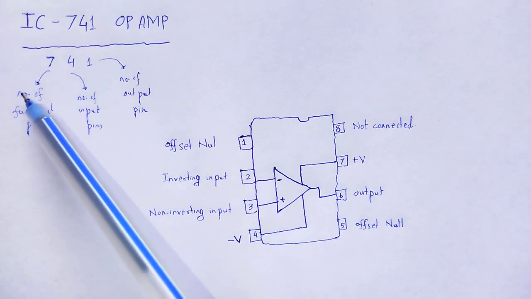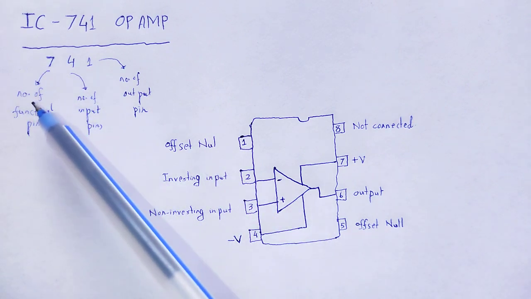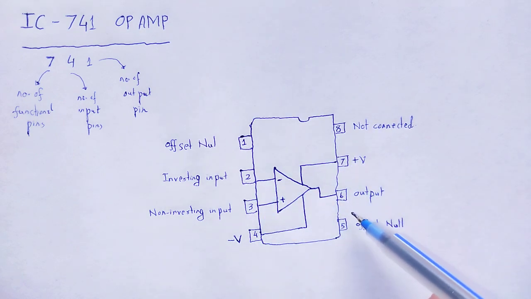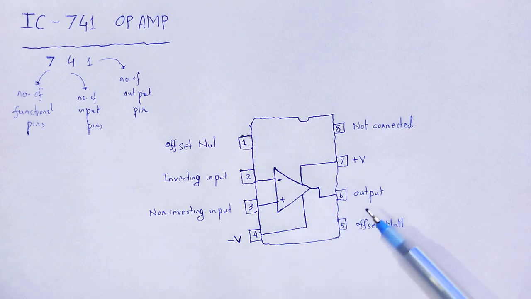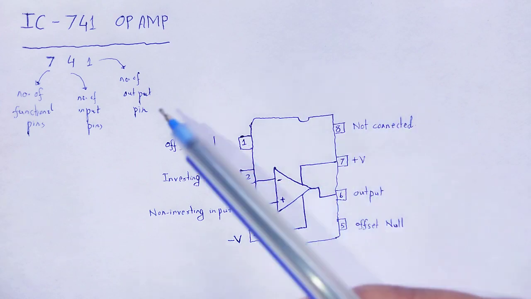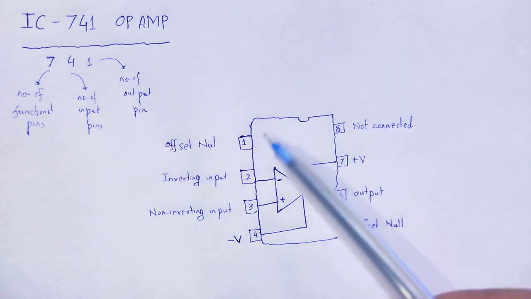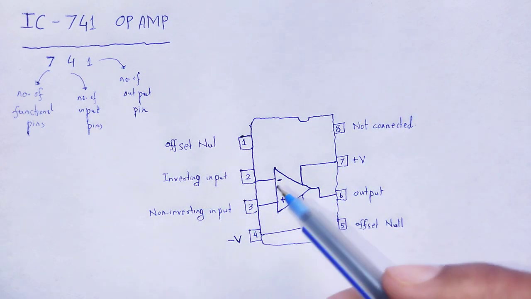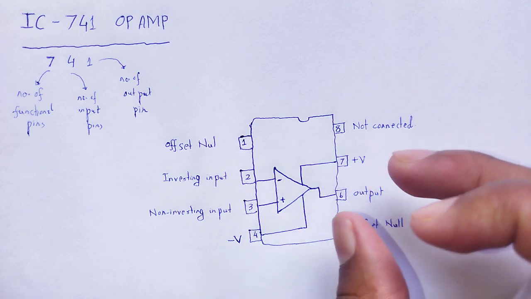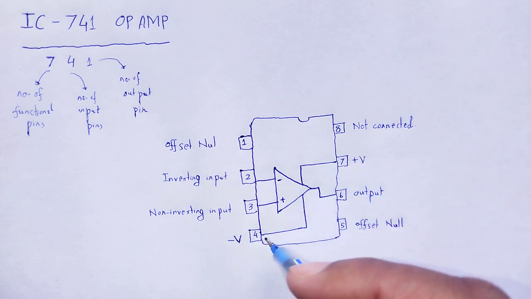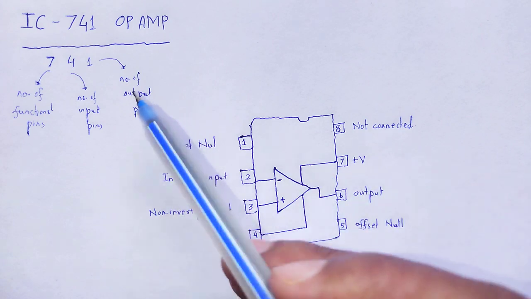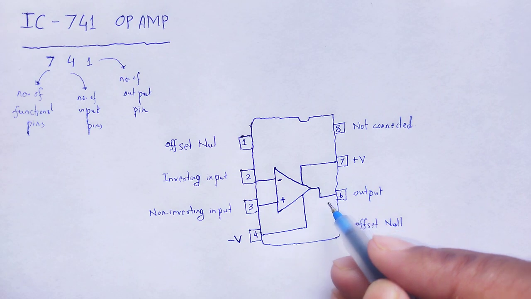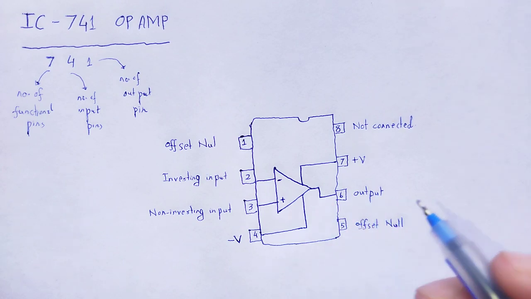There are 7 functional pins: 1, 2, 3, 4, 5, 6, 7. Number of input pins 4: 2 inputs, inverting input and non-inverting input, and power supply plus V, minus V. Number of output pins 1, output pin, pin number 6.